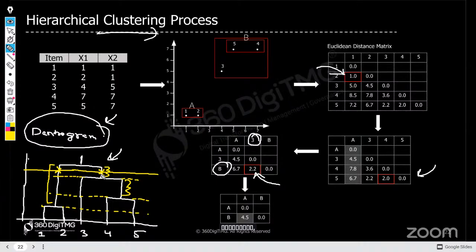And once we create the clusters, we will try to figure out whether the clustering done by the model is correct or not.